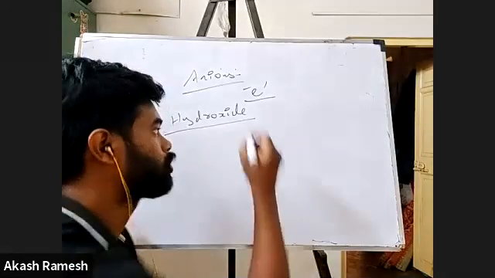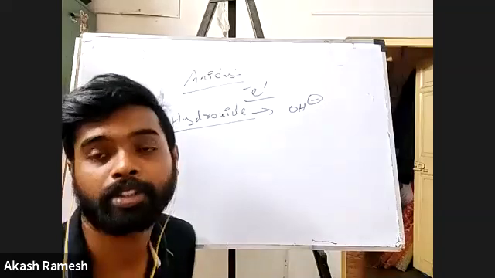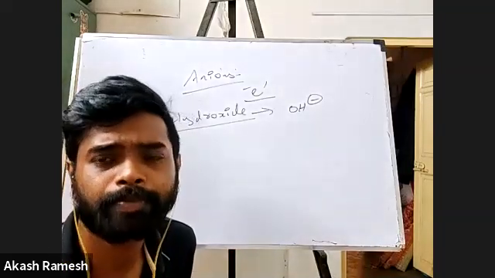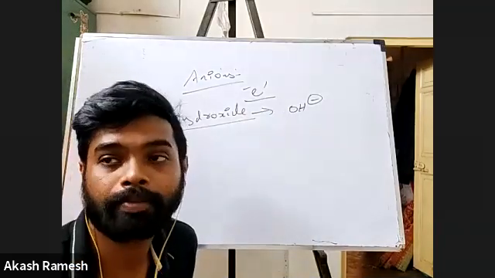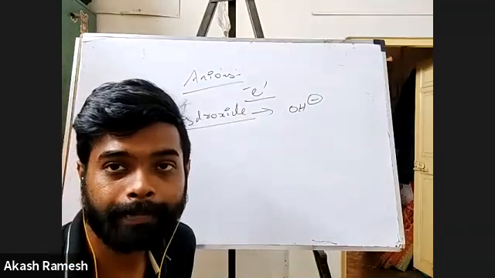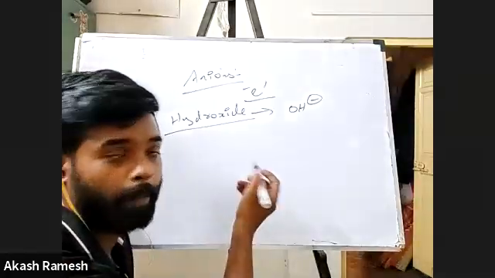So the formula is OH minus. We already, I think, know this. Hydroxide is OH minus. Next we'll go for sulphide compounds.